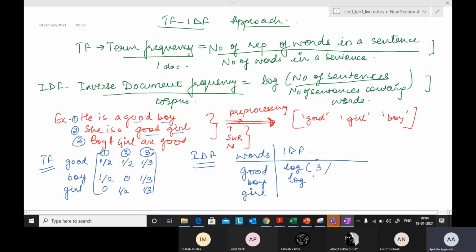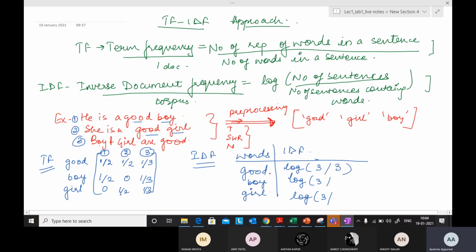Log of 3 is constant because we have 3 sentences, right? Number of sentences containing the word means how many sentences contain this word, good. Good is present in all the 3 sentences, right?